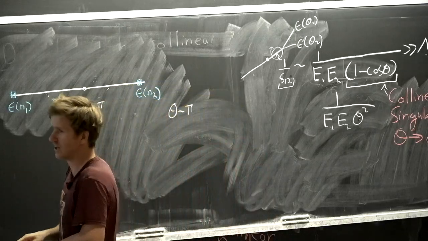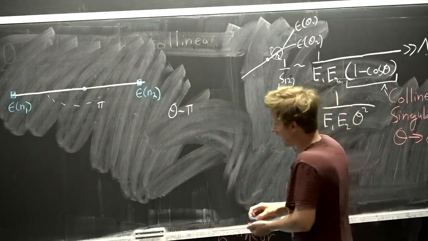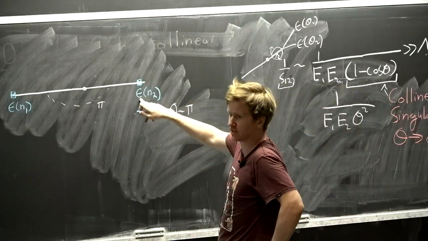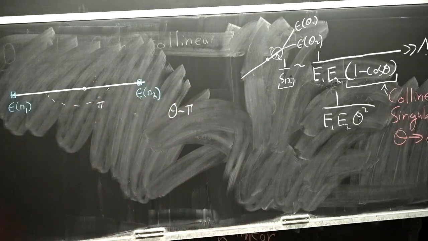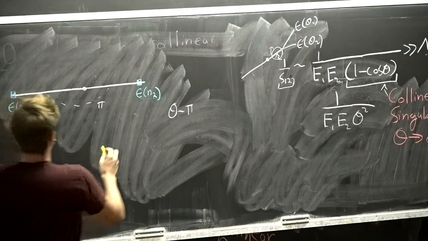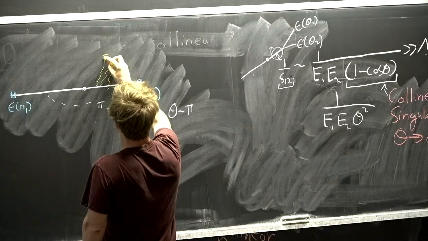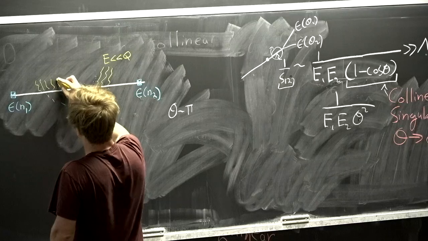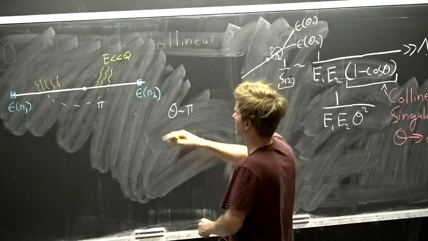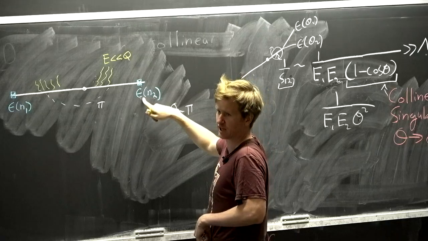Then someone can ask, how can one slightly deflect it away from the value pi? The way you can do this without being suppressed by the energy weighting is by emitting very soft gluons, which I can draw in yellow. You can emit very, very soft gluons off of here, with energy much, much less than Q. What these do is slightly push this thing away from being exactly back to back.